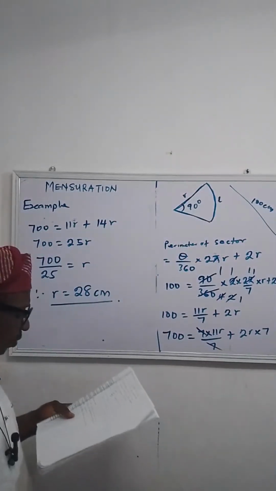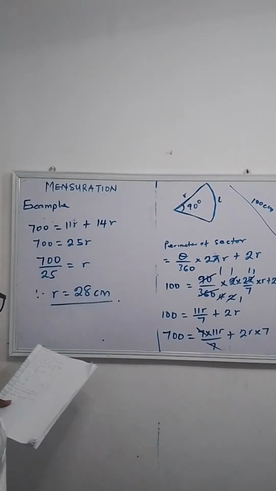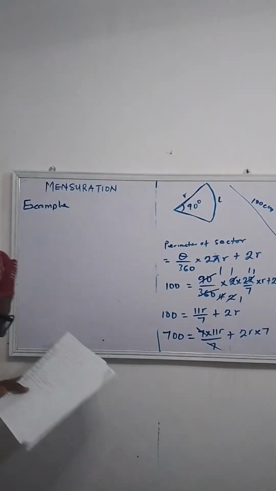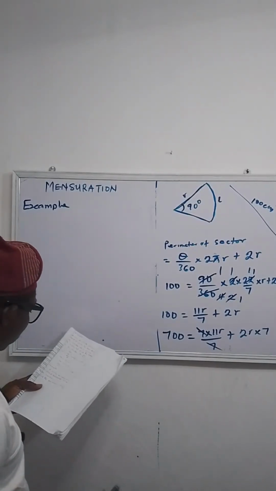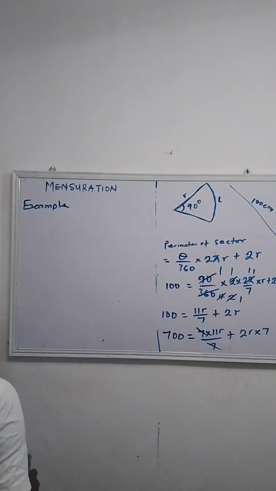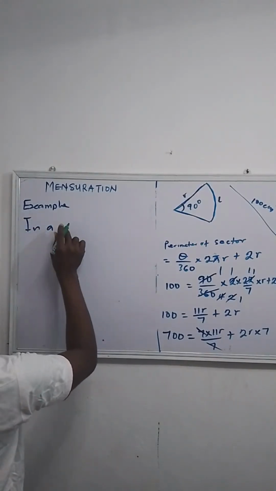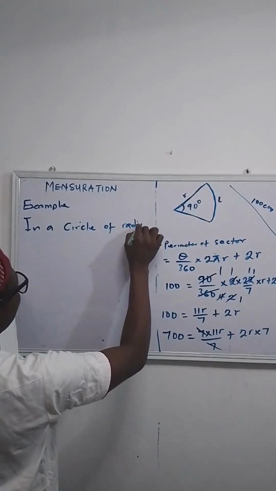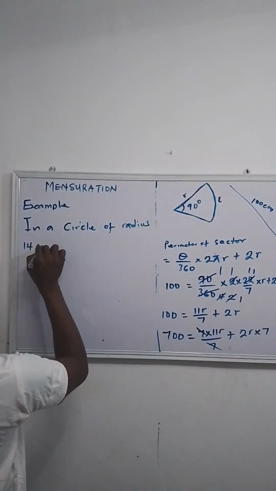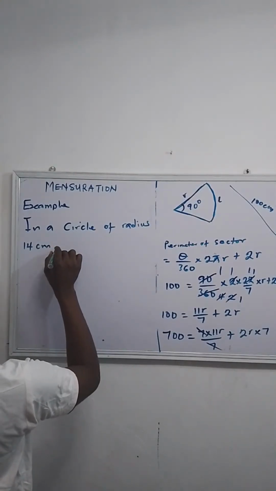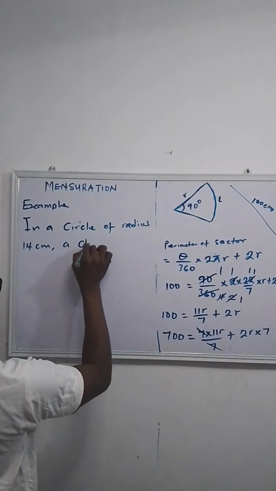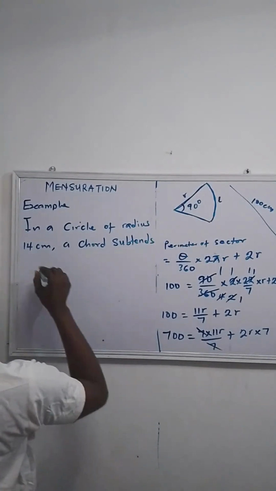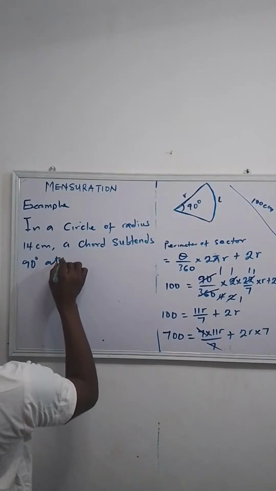All right, let's look at this problem. In a circle of radius 14 centimeters, a chord subtends 90 degrees at the center.